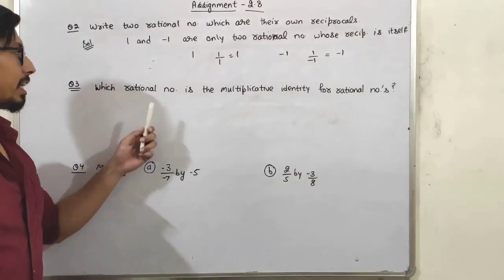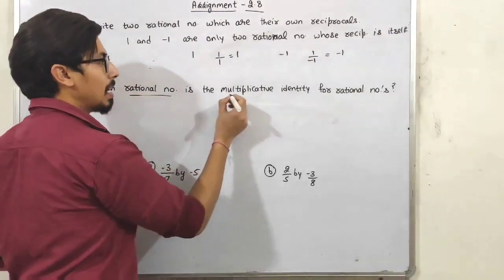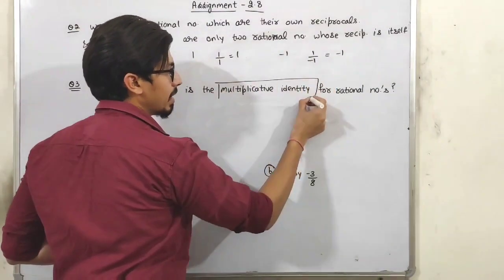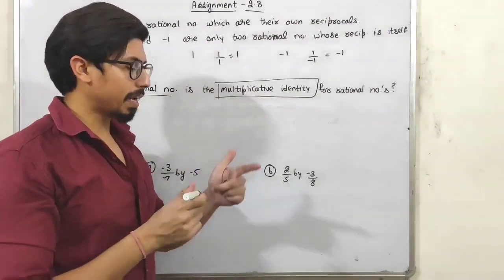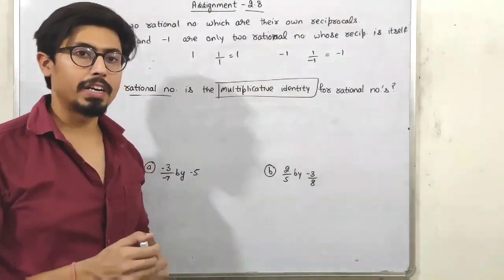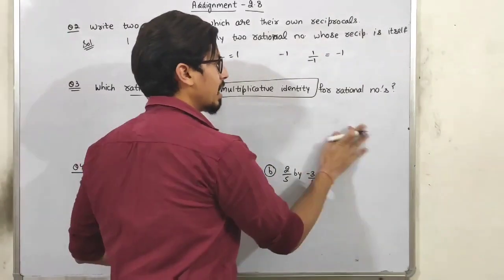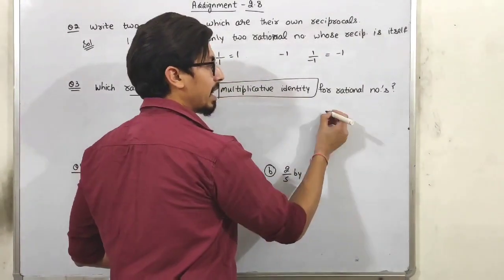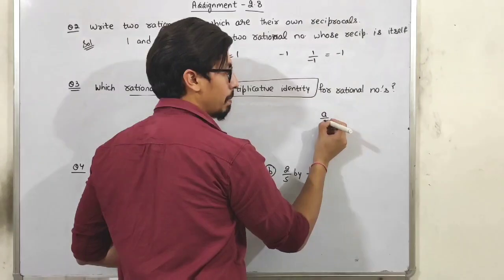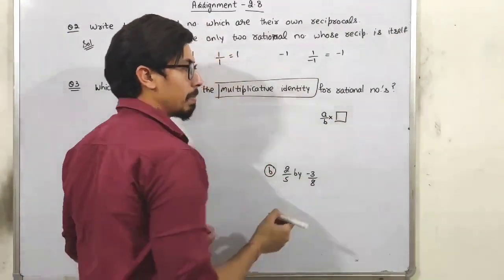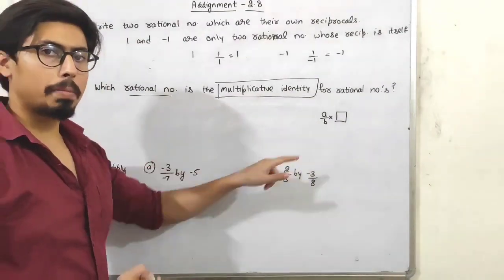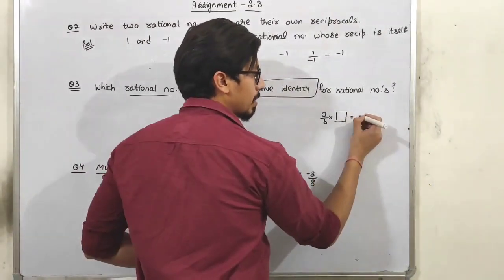Which rational number is the multiplicative identity for rational numbers? See, now the term here is multiplicative identity. What is multiplicative identity? See friends, if I take any number, for example a by b, by which number do we multiply this a by b and get a by b?